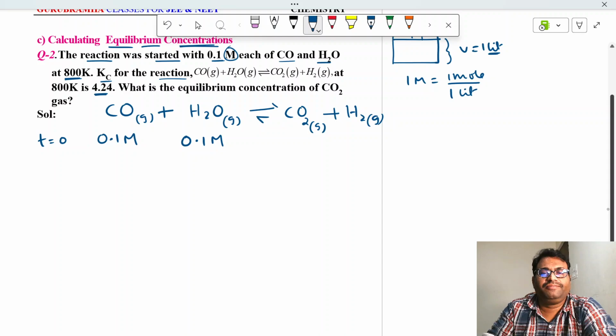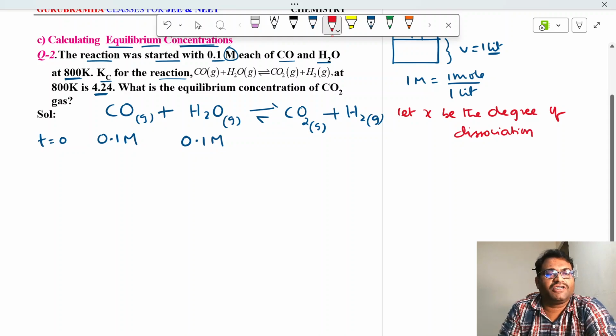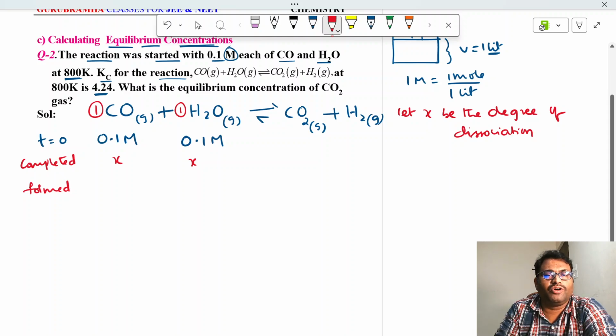Now let X be the degree of dissociation. If X be the degree of dissociation, how much is completed? So X molar is completed. And we know that 1 mole of carbon monoxide reacts with 1 mole of H2O. How many moles of carbon dioxide is formed? 1 and 1.